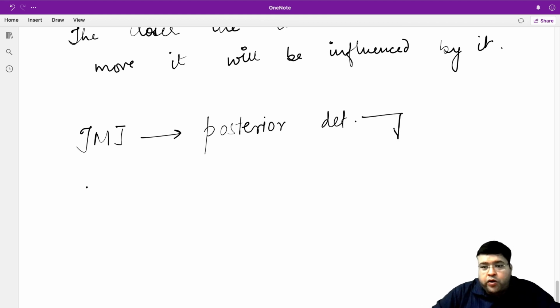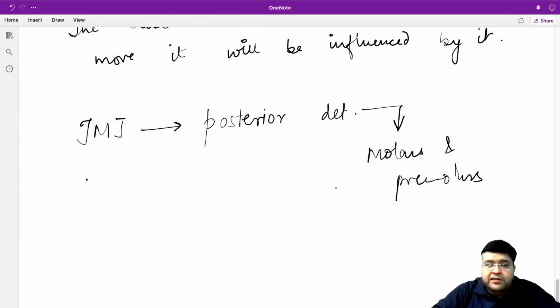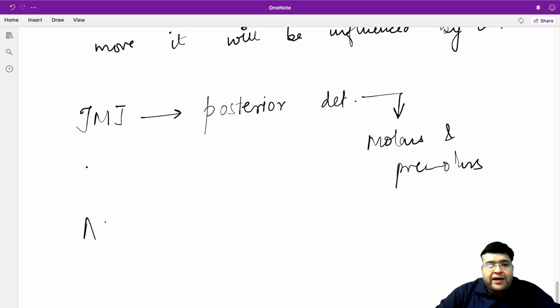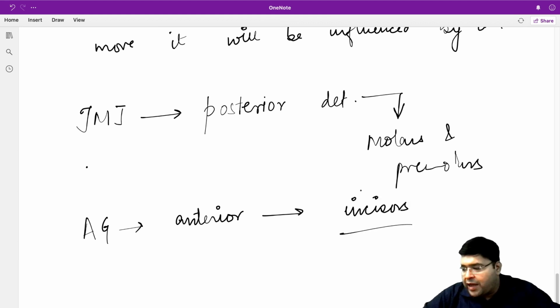So this is going to affect the molars and premolars more as compared to the incisors. Similarly, when you have the anterior guidance, the anterior part, which is the anterior determinant, this is going to affect my incisors or the anterior teeth more as compared to the posteriors.